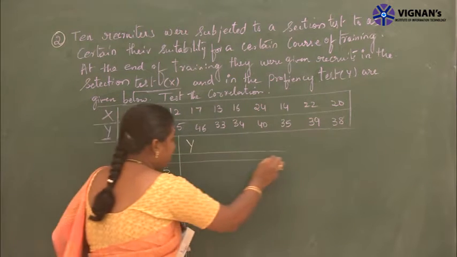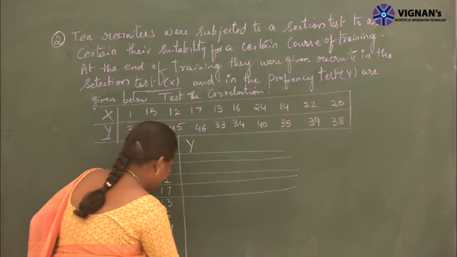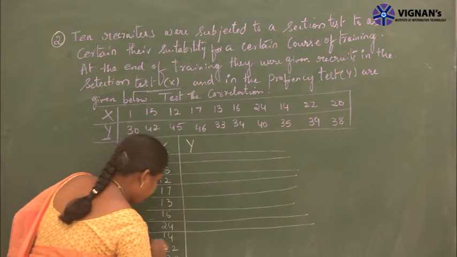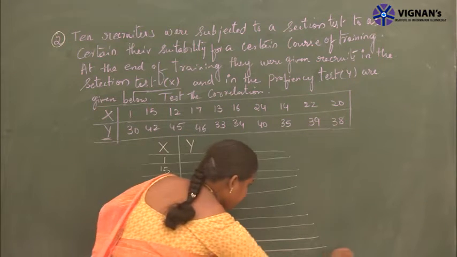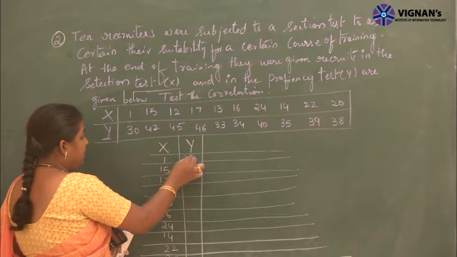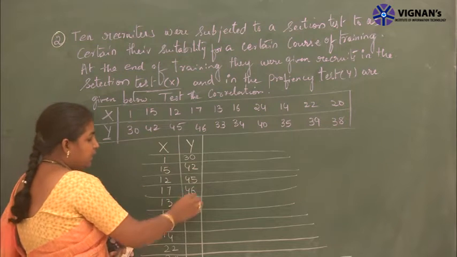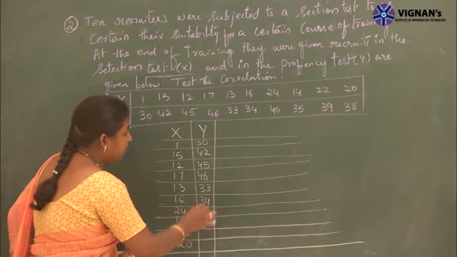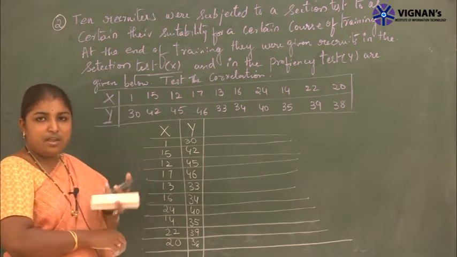Correspondingly we are taking the values of Y: 30, 42, 45, 46, 33, 34, 40, 35, 39, 38. So X and Y values are given.